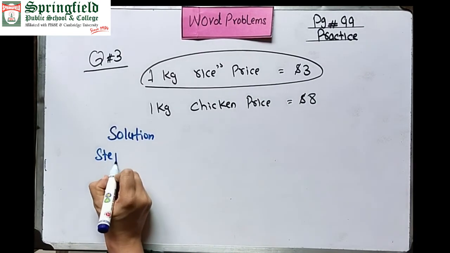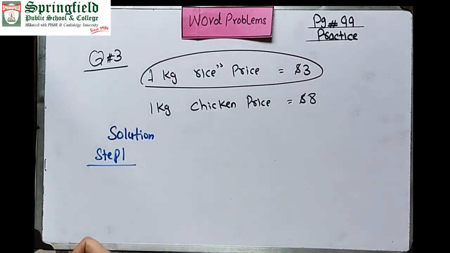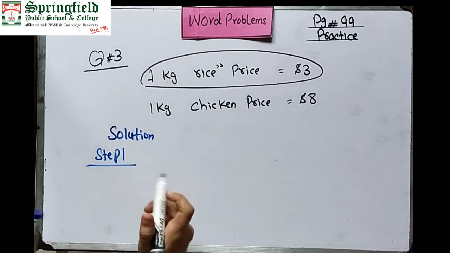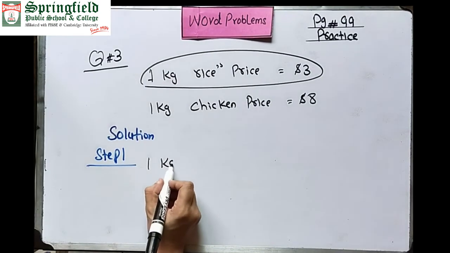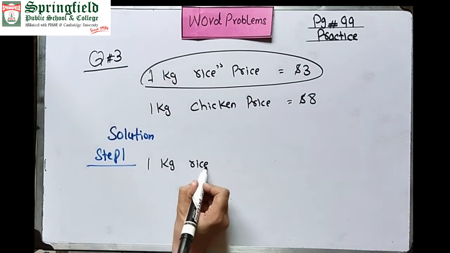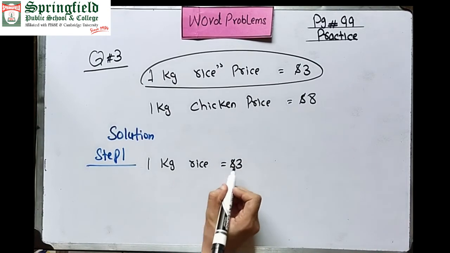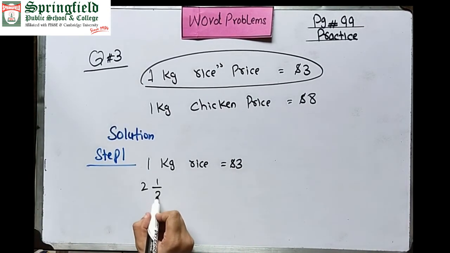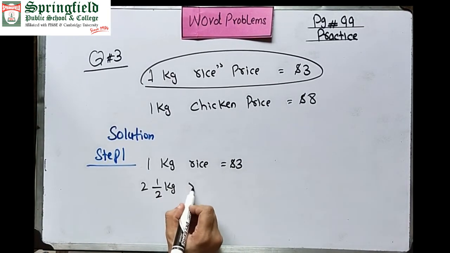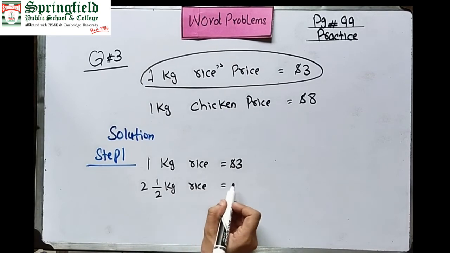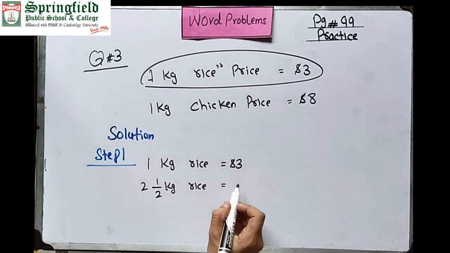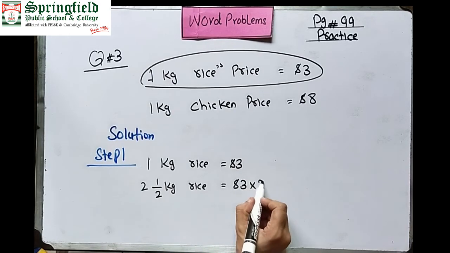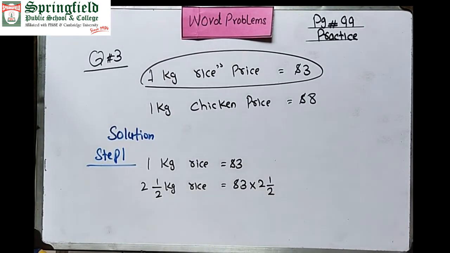Now solution. Step 1. As we know that 1 kg rice is equal to $3, then 2 whole 1/2 kg of rice is equal to what? $3 multiplied with 2 whole 1/2.